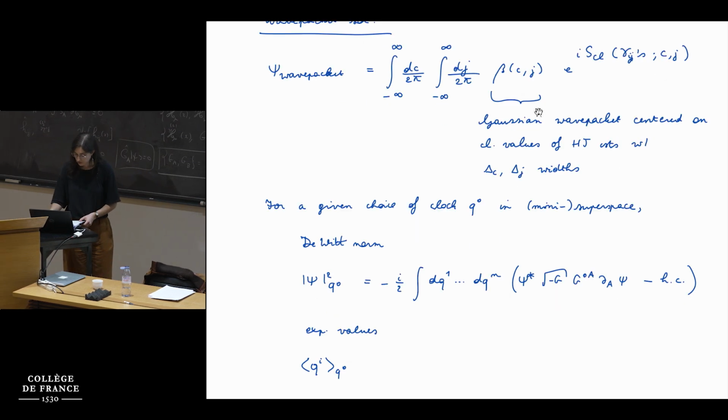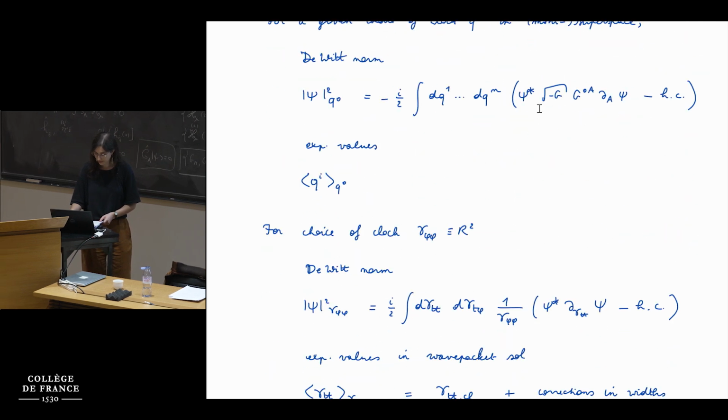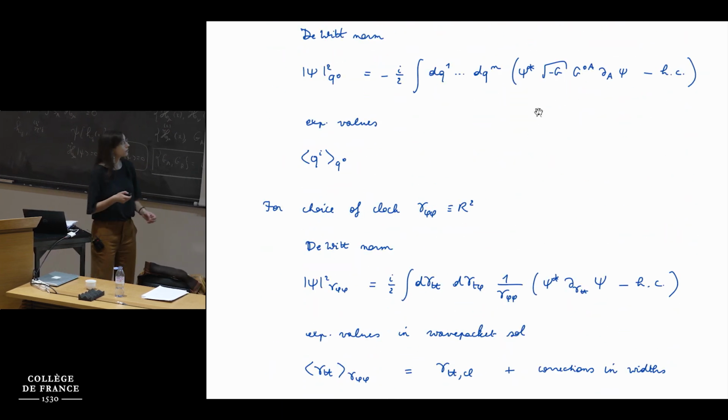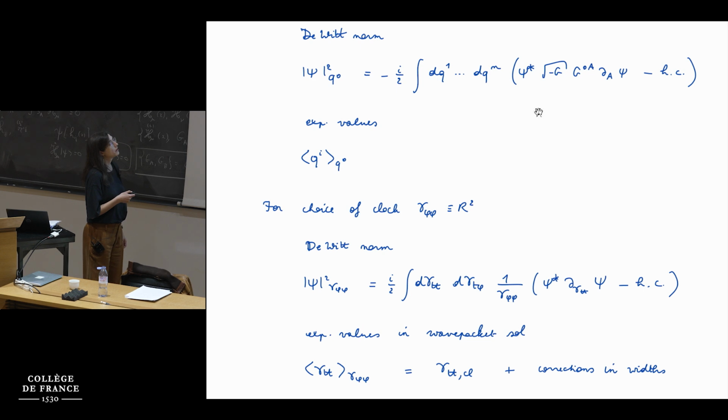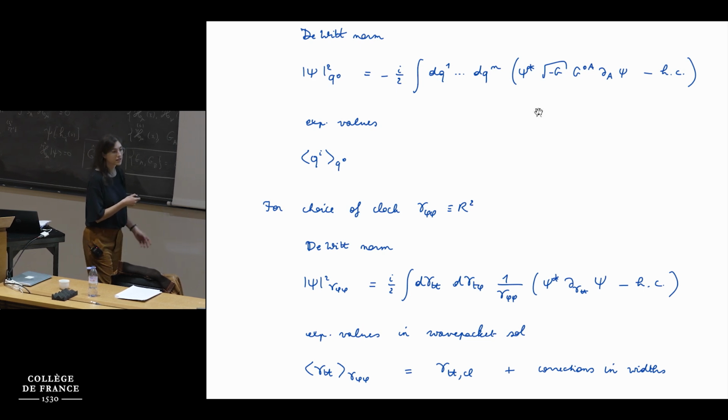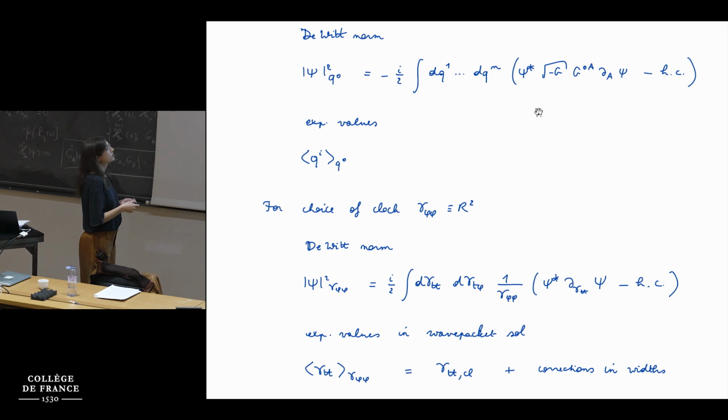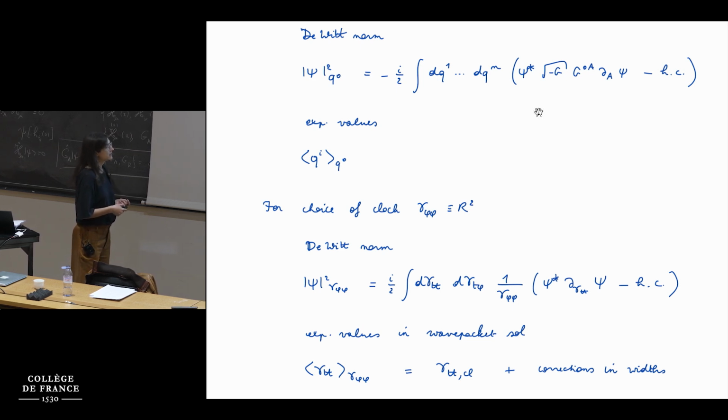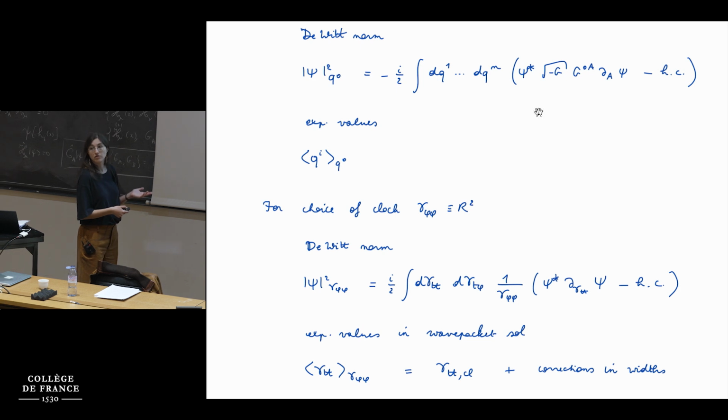And that is what we do for a particular choice of clock, namely gamma phi phi, which we called the BTZ radial direction squared. The DeWitt norm takes this form. And then you can use that norm to calculate expectation values of other configuration space variables, for example, gamma TT, in your wave packet solution.